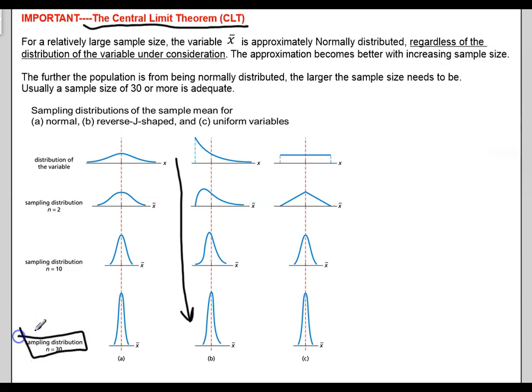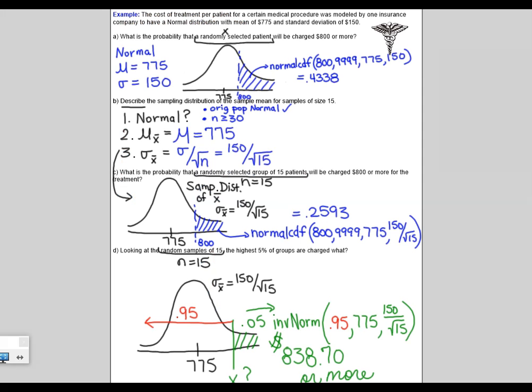And so the magic number we use for this is 30. You might think, okay, if we have to have a large sample size, that's a big number, but really we're just talking about 30 or more.